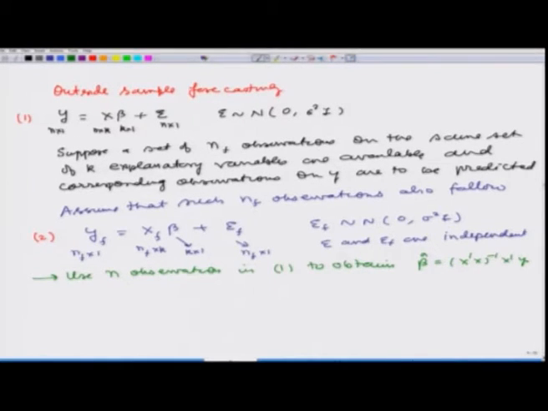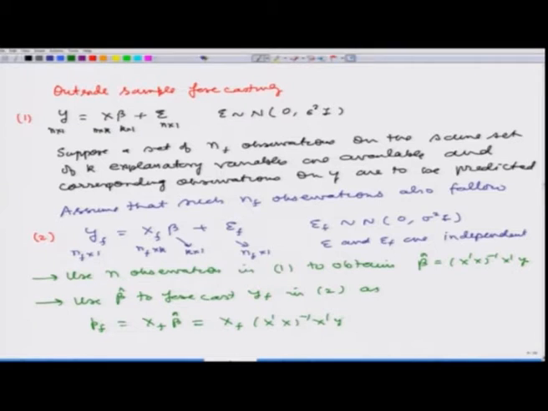In the second step, we use beta hat to forecast YF in model number 2, constructing a predictor PF equal to XF beta hat, which is XF (X transpose X) whole inverse X transpose y.